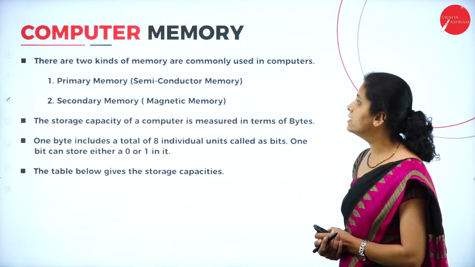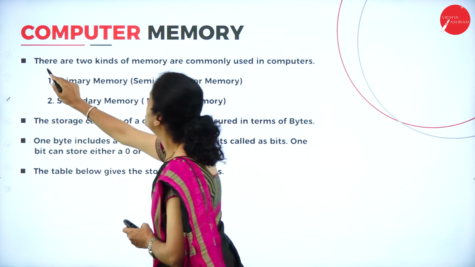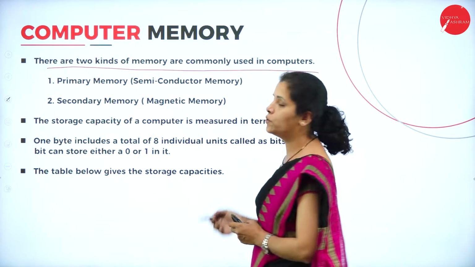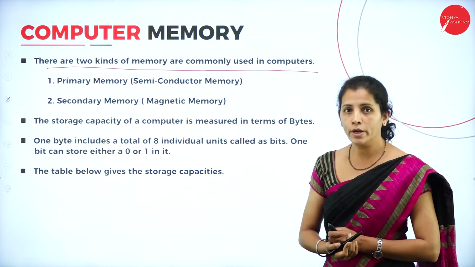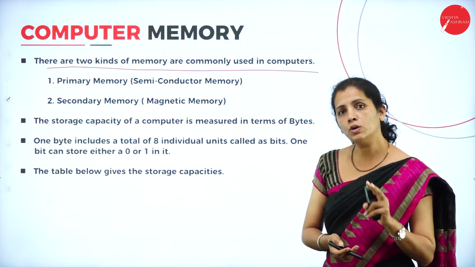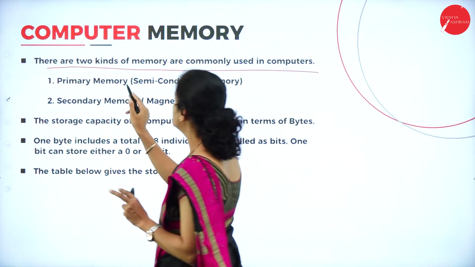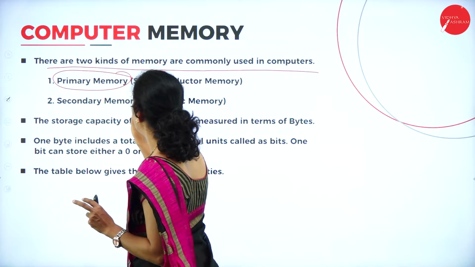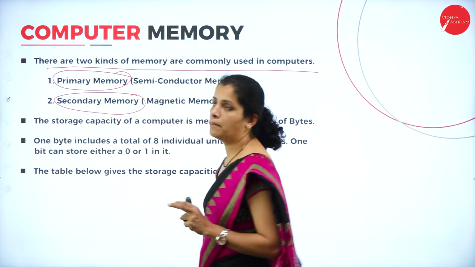Now, dear student, there are two kinds of memory. So when we talk about memory, there are two types of memory, that is primary memory and secondary memory.